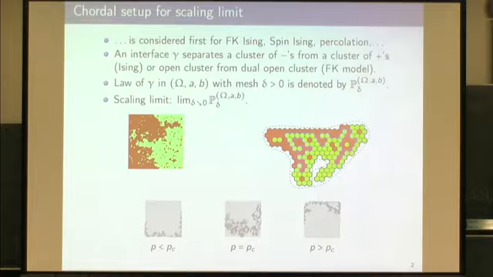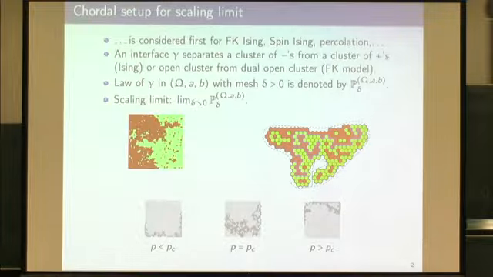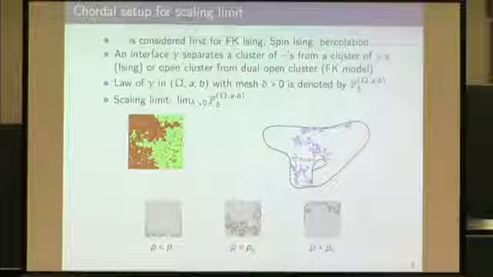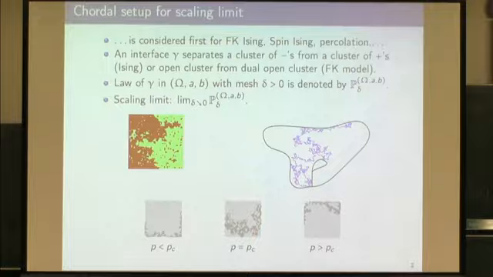In our case it will be wired and free. Then we fix the shape of the domain, and we fix two points where the boundary conditions change, and then we take the scaling limit. This is the notion of the scaling limit. Here I just quickly illustrated the role of the parameter. In this sense of these interfaces, when you tune p equals pc, you get something which has a non-trivial scaling limit, and this is related to the first picture drawn by Wendelin yesterday.